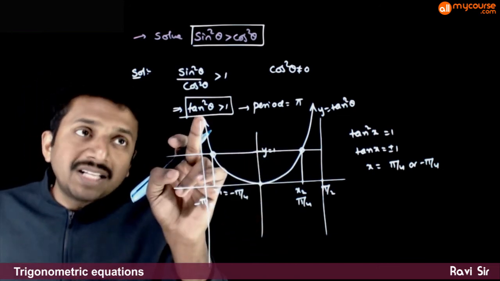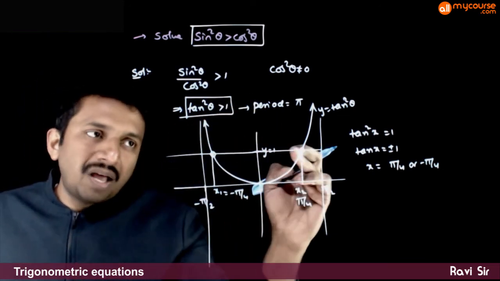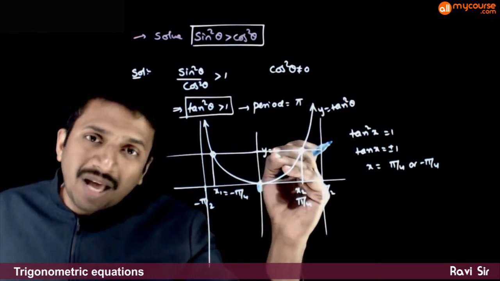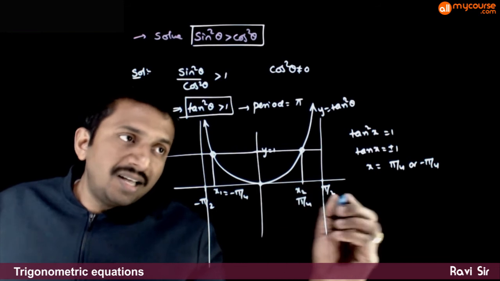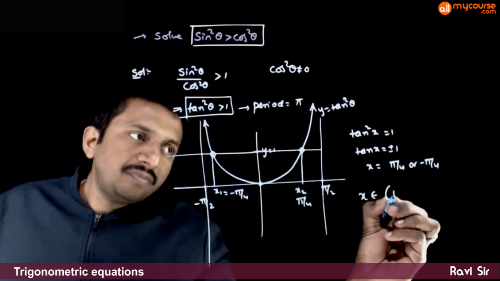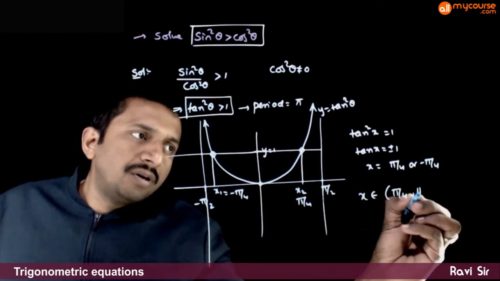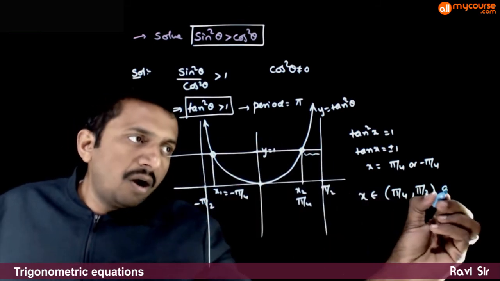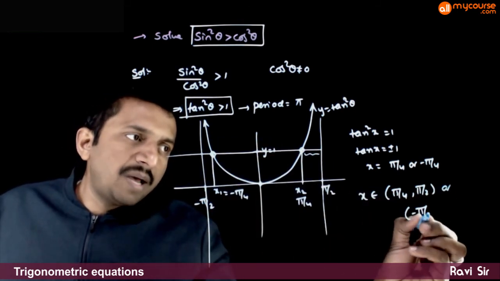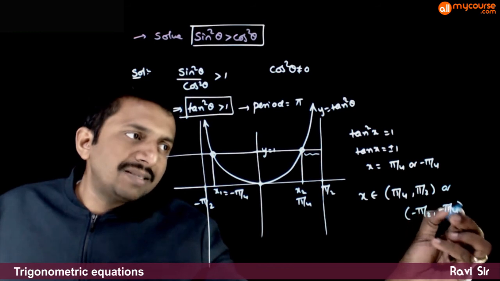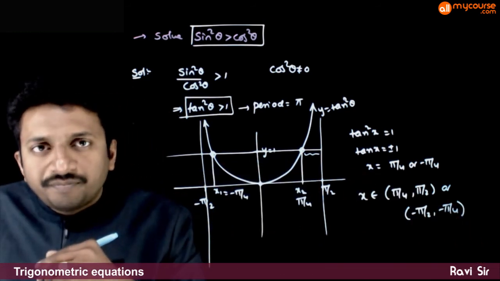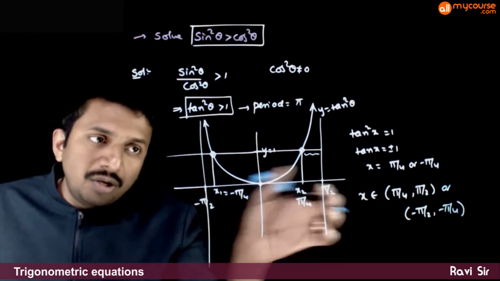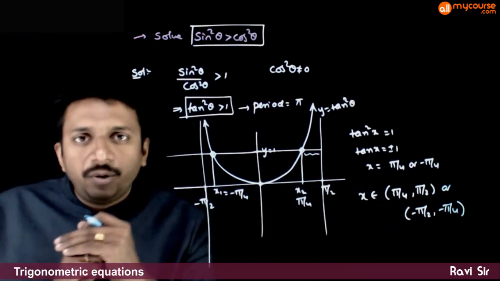Now I want my tan square theta to be greater than 1. That means I want my graph to be above this line. So what is the answer? x belongs to pi by 4 to pi by 2, or minus pi by 2 to minus pi by 4. This is the solution in one interval, minus pi by 2 to plus pi by 2.